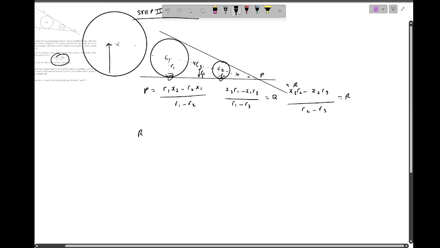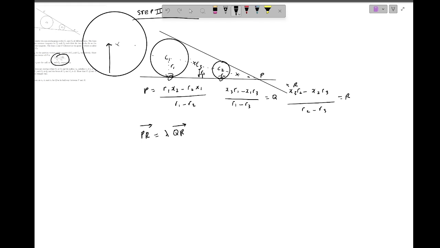We want to essentially show that PR is equal to lambda QR. Because if these lie in a straight line, this identity will hold true, right? So yeah, let's do it.